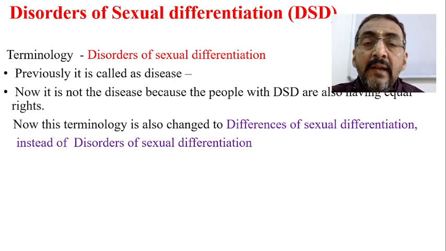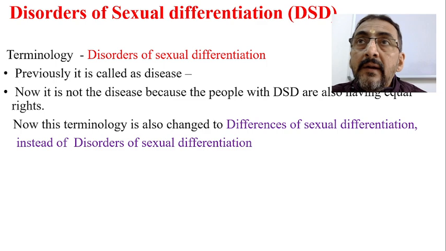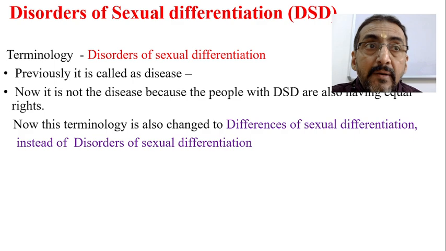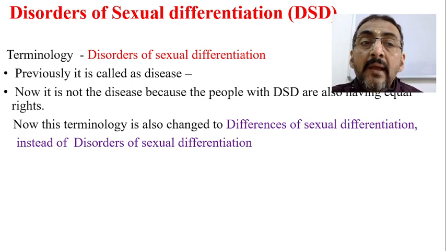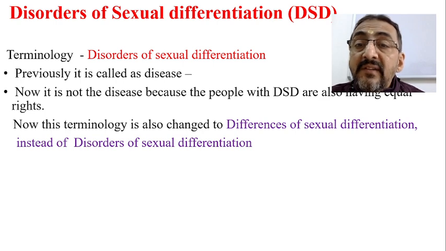In India and all over the country, even people with disorders of sexual differentiation have equal rights. So you cannot name that particular pathological entity as a disorder or disease.